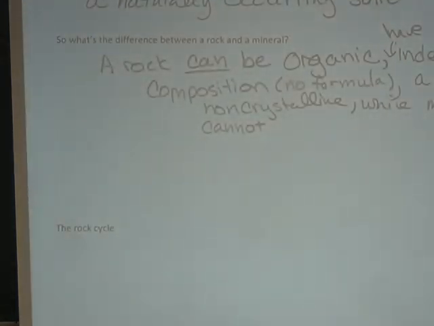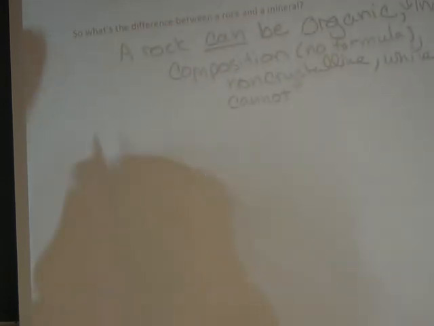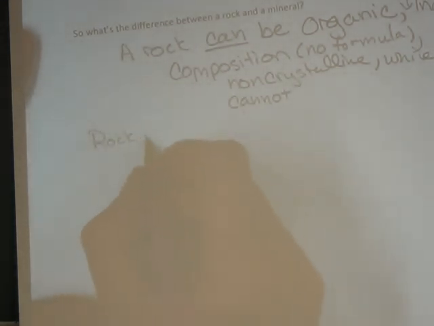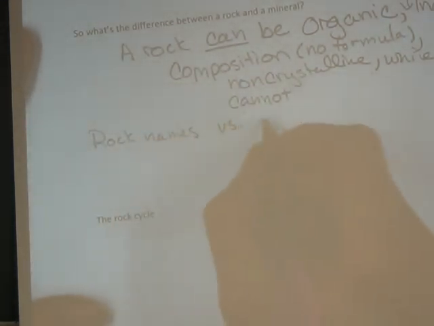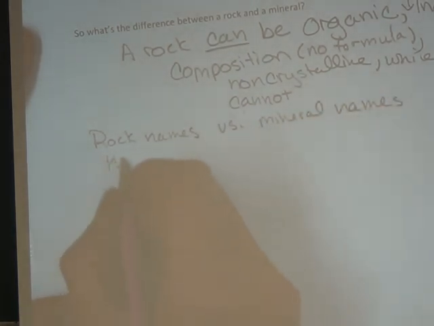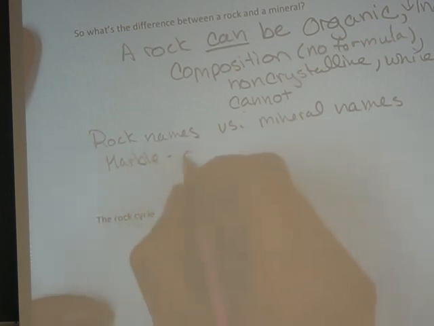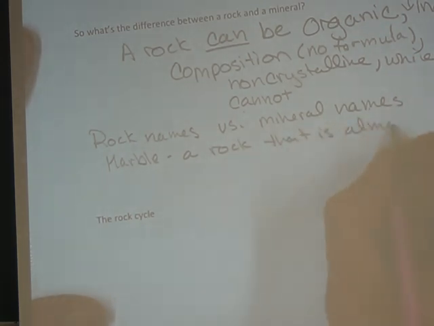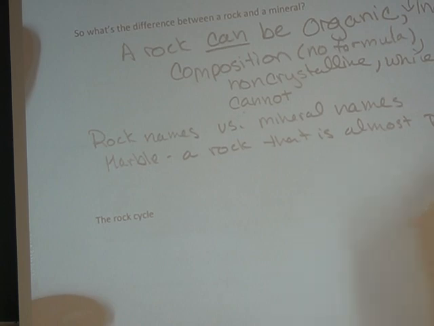Now there are rock names and mineral names. Even when you're dealing with a rock that's almost purely that mineral, it will have a rock name, and when you talk about the mineral in the rock, that will have a mineral name. An example of rock names versus mineral names: marble is a rock that is almost pure calcite, which is the mineral.